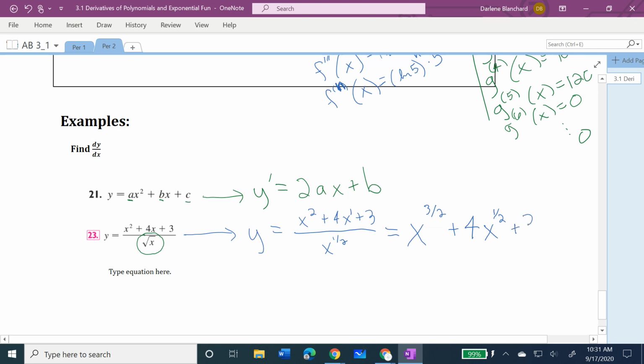Plus 3, but I don't want to write it as 3 divided by x to the 1/2 power. I want to write it as 3 times x to the negative 1/2 power. Oh, the 3 isn't square rooted. All right. Now this is in a format where you are ready to differentiate, so differentiate.